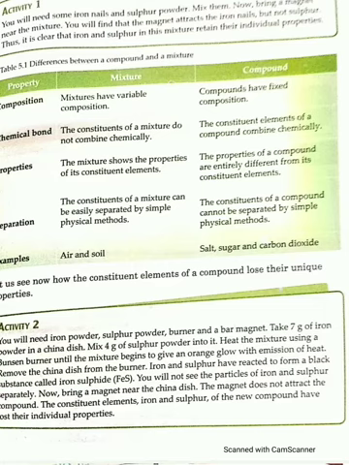So this is how we can separate iron and sulfur in a mixture, and they retain their individual properties. Even if I have mixed sulfur and iron, they have their own individual properties.